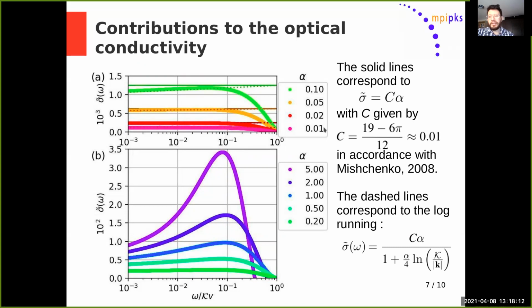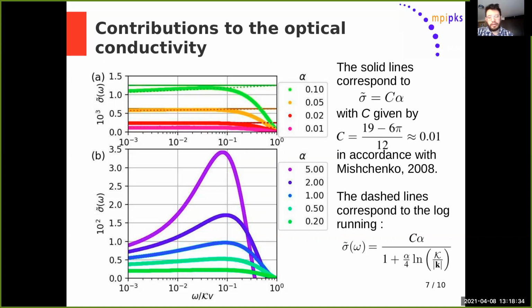And what we find is that the value of C that makes the results consistent is Mishchenko's value. So this method is consistent with Mishchenko's proposal of C approximately equal to 0.01.